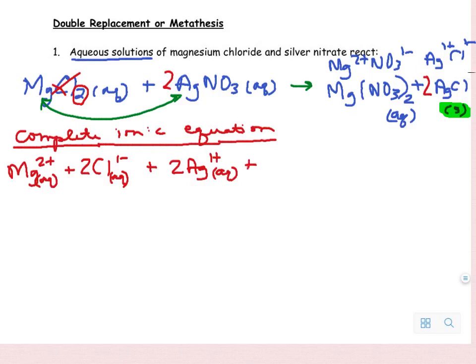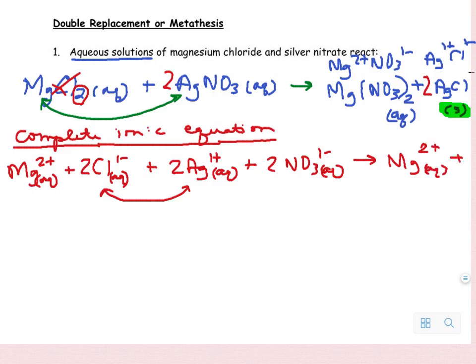And I have 2 nitrate ions that are free-floating and aqueous. And as a consequence, when they come together and they hit each other, these 2 ions, when they collide, will make a precipitate. The other ions stay aqueous. So therefore, you're going to have magnesium as a 2+, which is aqueous.